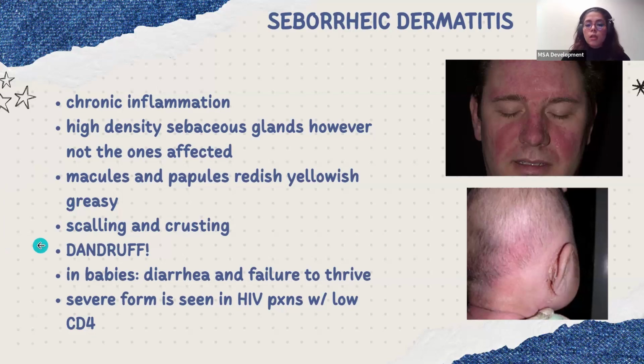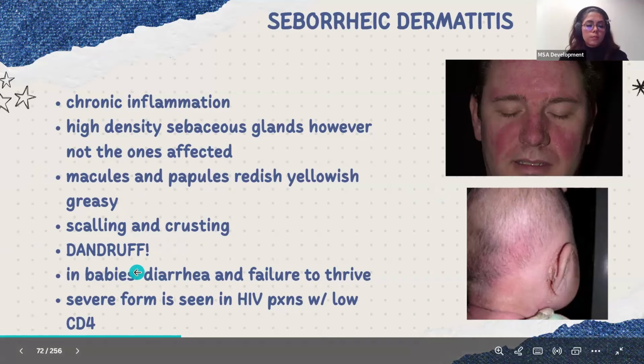Scaling and crusting. It's associated with dandruff. So if you see a patient with these types of rashes and there's a lot of sebaceous glands and a lot of dandruff, you think immediately seborrheic dermatitis. Do not confuse this with something else that I'm going to teach you in a bit.